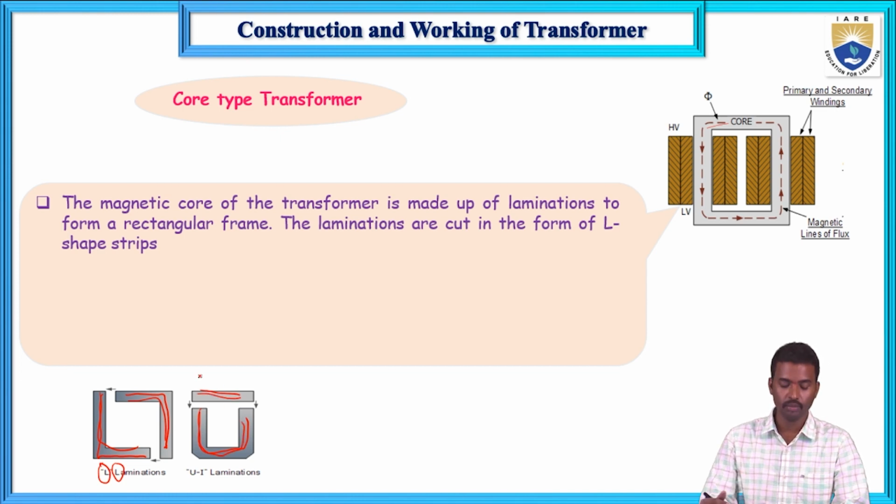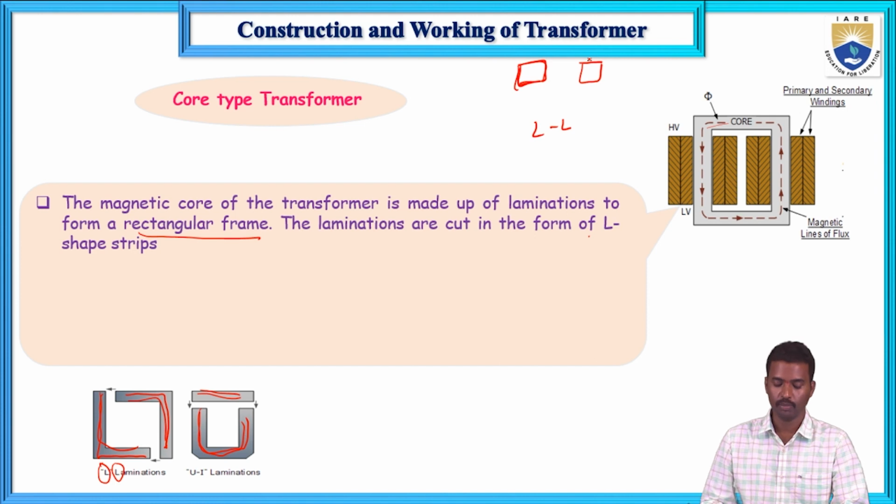If you connect L and L, that is a square, and if U and I are connected, that is a rectangular shape. So the strips are L, L, L, L like this.